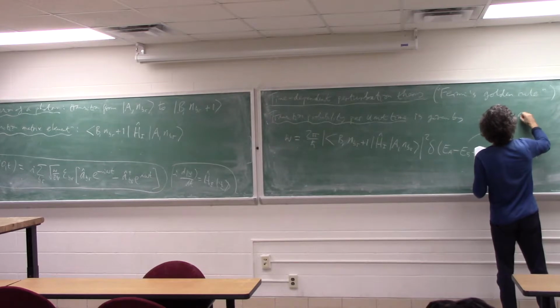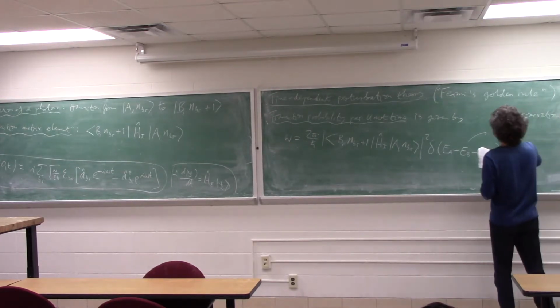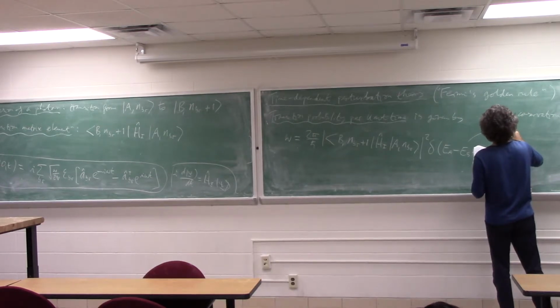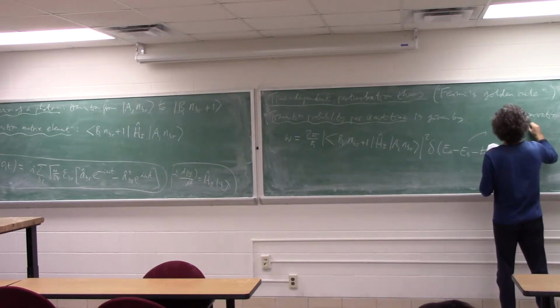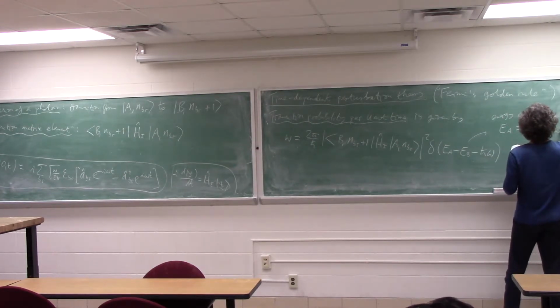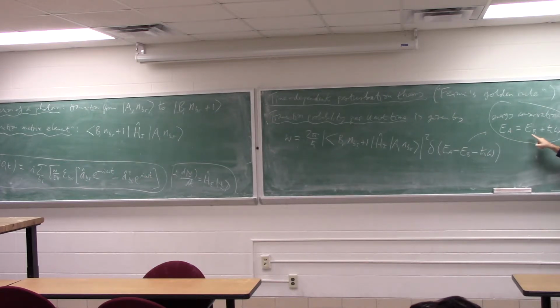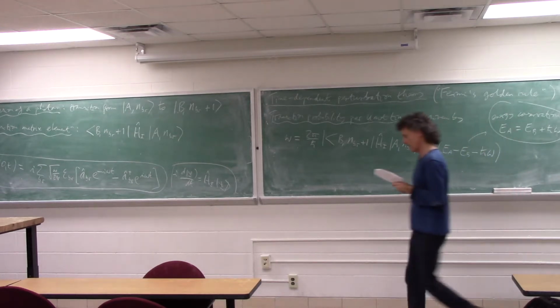Energy conservation just says that the initial energy of the atom is equal to the final energy of the atom plus the energy of the emitted photon.